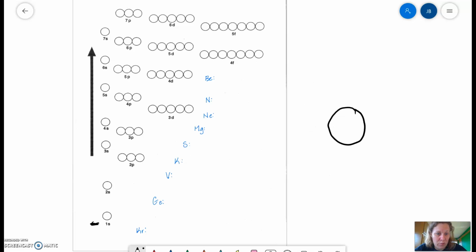Pretend the nucleus is right in the middle. This is 1s. Then 2s is the circle shape, just a little bit bigger, and there are 2 electrons here, 2 electrons here. Then 2p: all the p's are just a little bit bigger than 1s and 2s. Here are the 3p shapes, and look how crazy this gets.